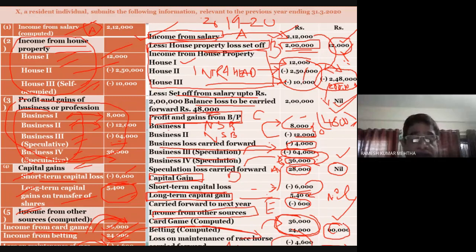So if there is an income from other source, and the winnings from card games and bettings, these winnings cannot be utilized as a means to set off any other income, any other loss. So no loss can be set off against this one.